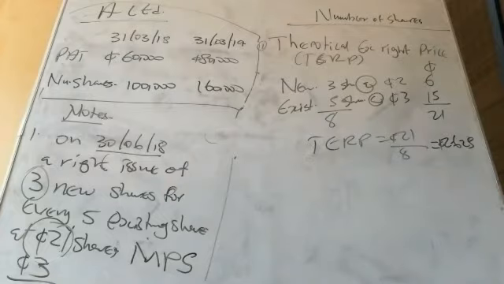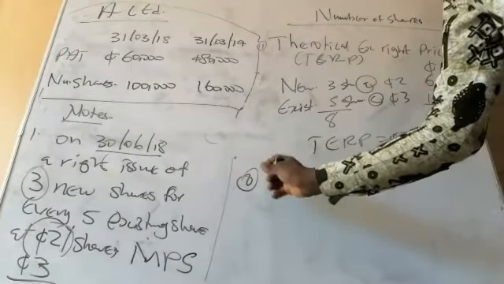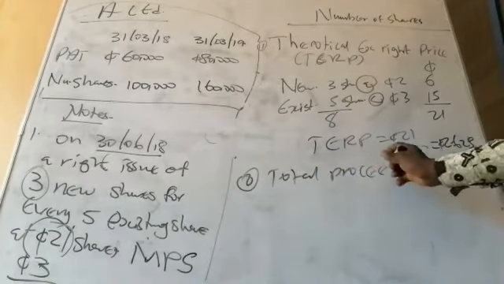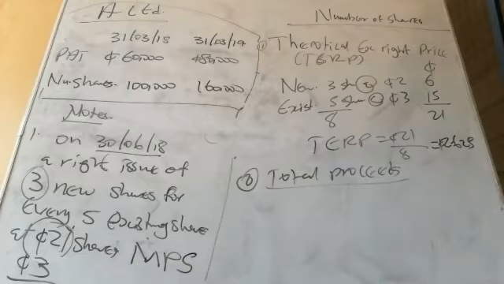The share price. How much the shares were sold for. The total proceeds will be the number of shares times the price at which the shares were issued.